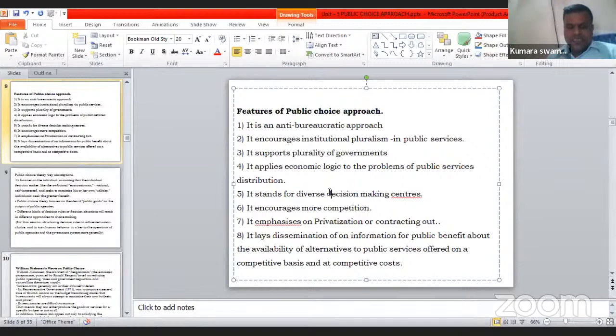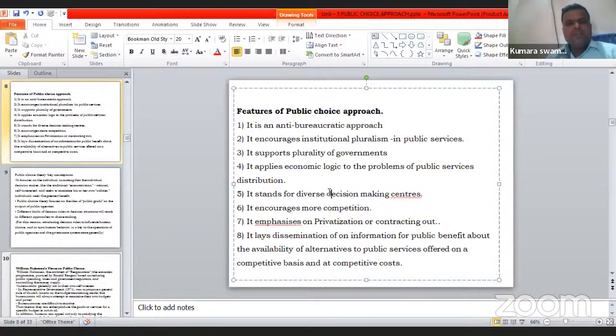It stands for diverse decision-making centers. It encourages more competition and emphasizes privatization, contracting and outsourcing of services to reduce wastage, and less dissemination of information for public benefit about the availability of alternatives to public services. So the public choice theory is based on these things. These are the features of the public choice approach.